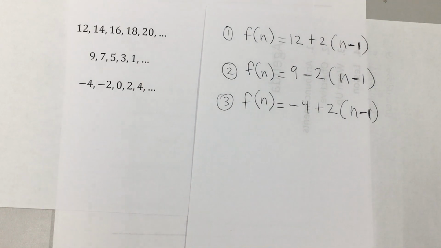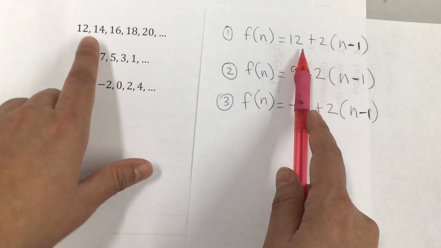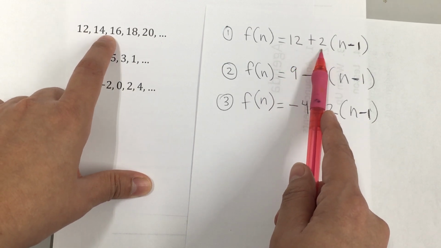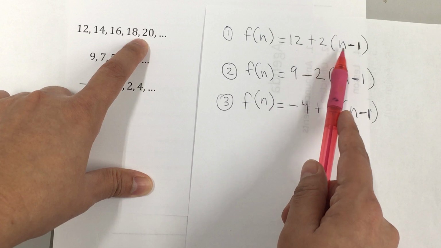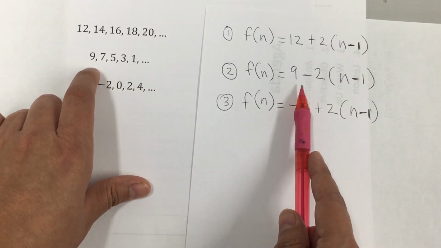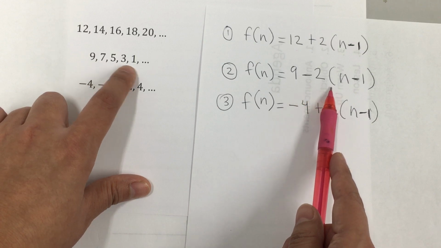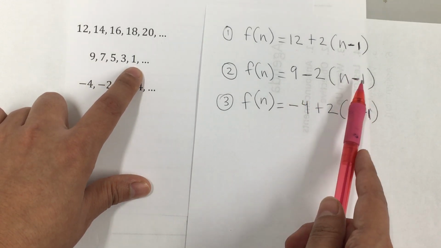I'll explain them briefly. So, this is the initial point. You're adding 2, and then minus 1. For this one, you have the initial point, you're subtracting 2, and n minus 1.